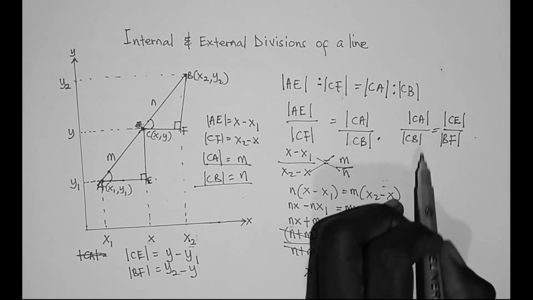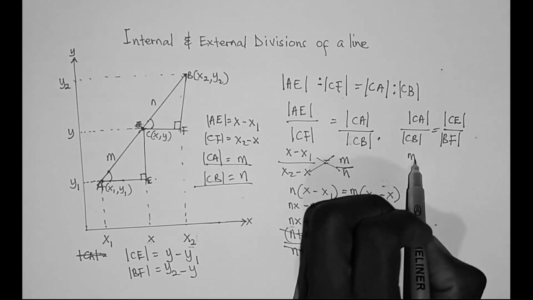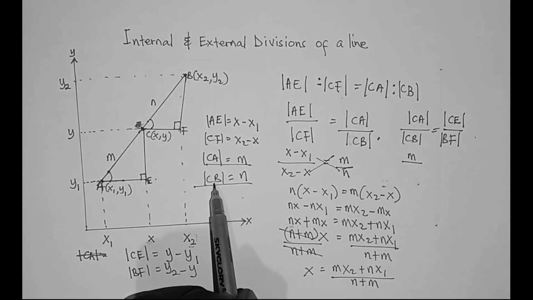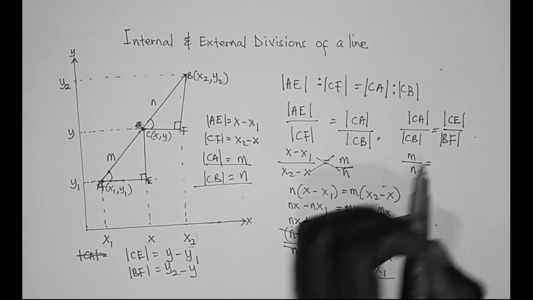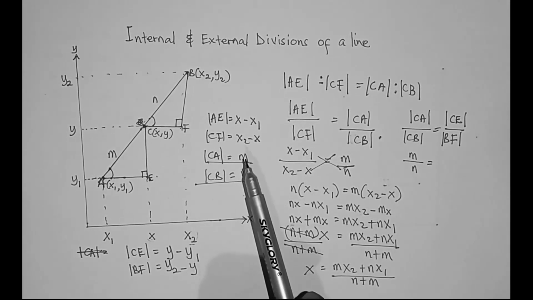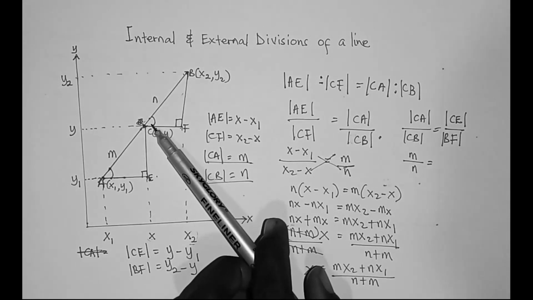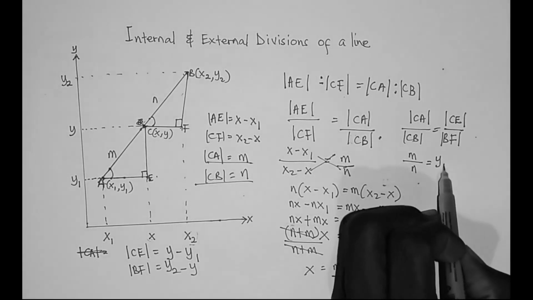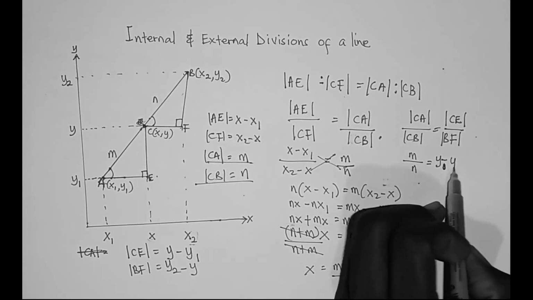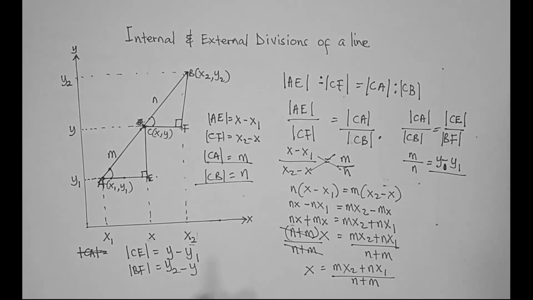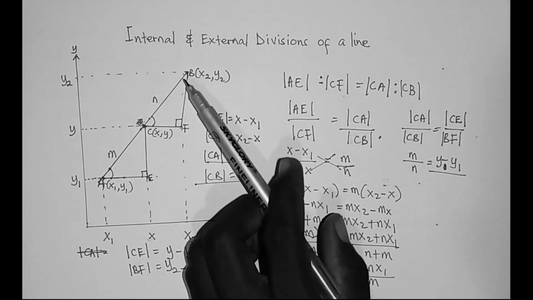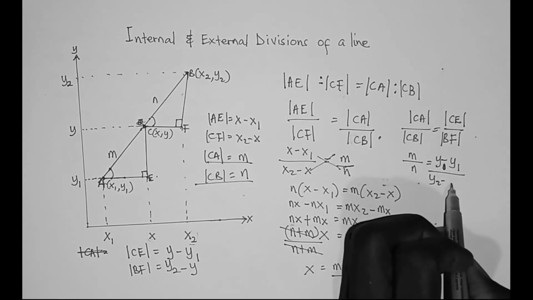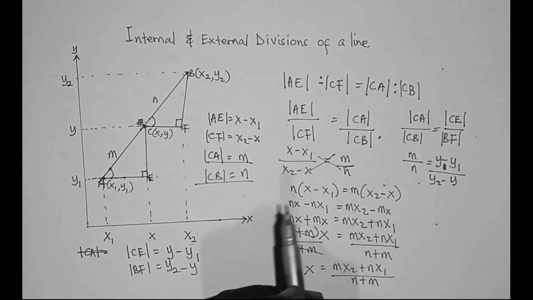So CA is M divided by CB, which is N, equals CE, which is y minus y1, divided by BF, which is y2 minus y.